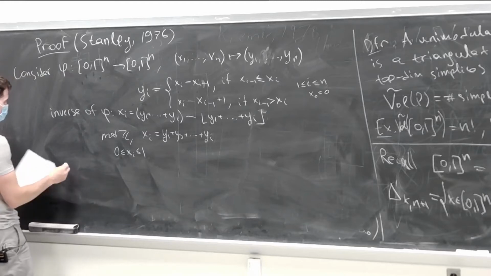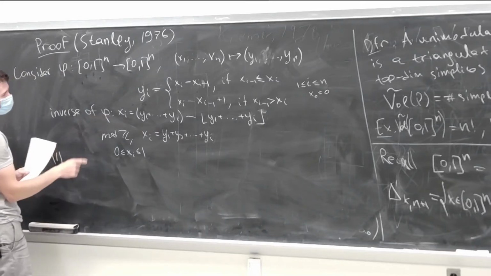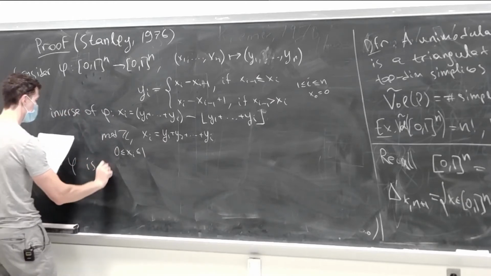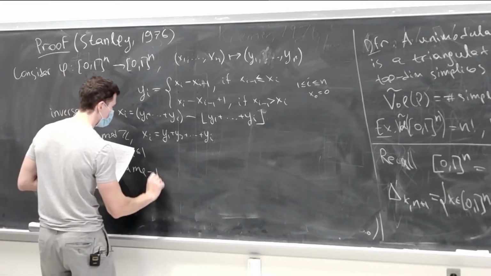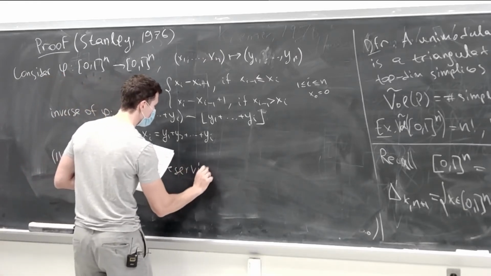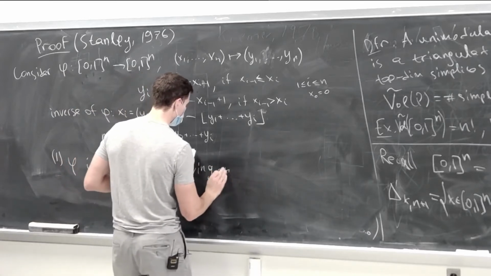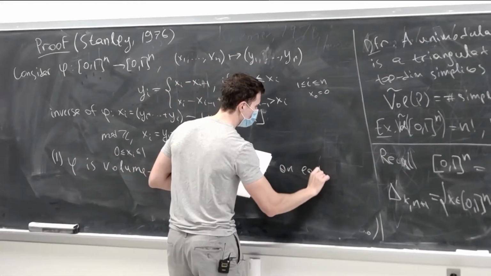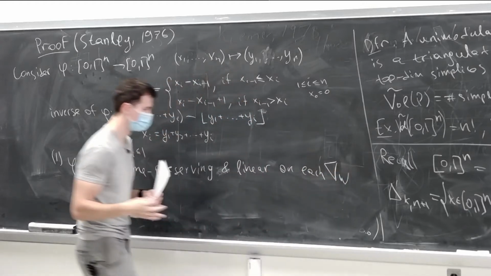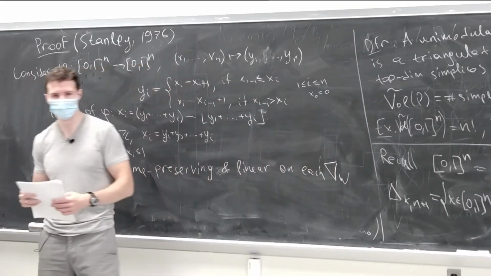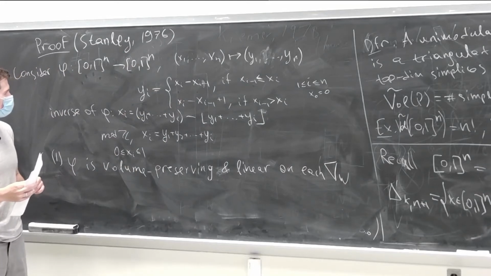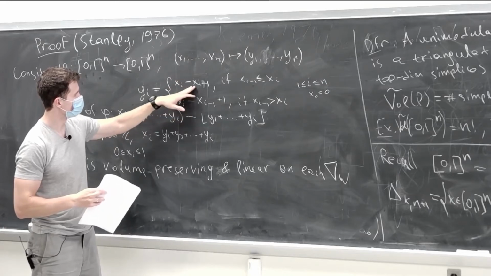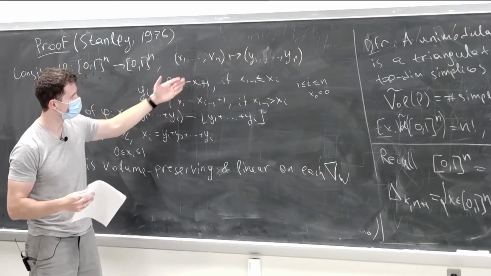So, two properties of this map. First, wherever it's defined, it's volume preserving and linear on the interior of each simplex nabla sub W. Whenever any two coordinates are not equal to each other, you can read off which formula to use from the permutation.